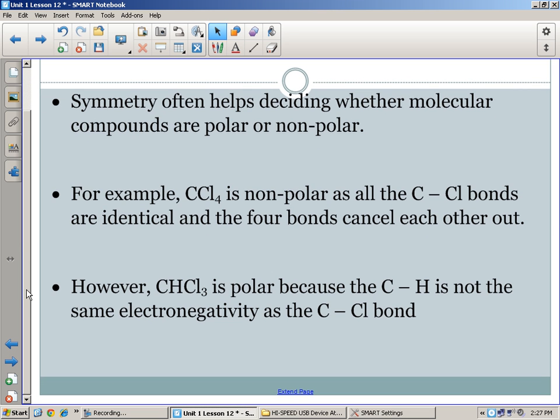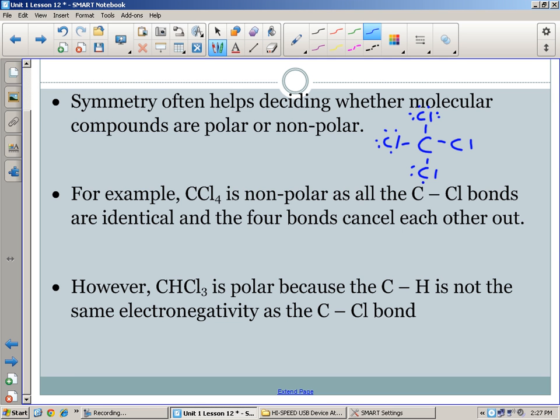First things first, though, before we simplify it any further, we know that symmetry is often going to help us determine which ones are polar or nonpolar. For example, CCl4. When you look at that molecule, you know that there's a difference between C and Cl.